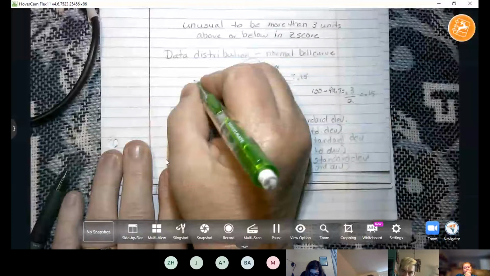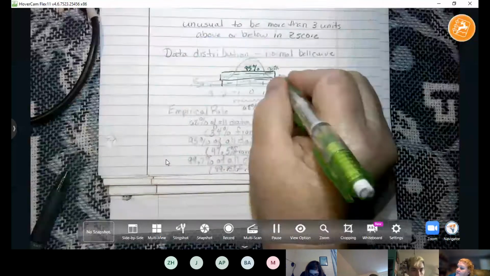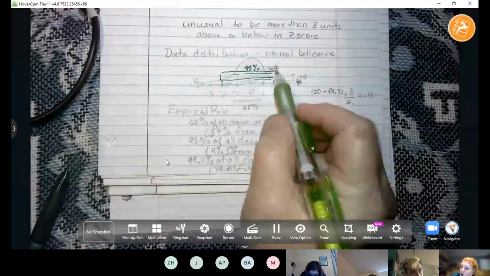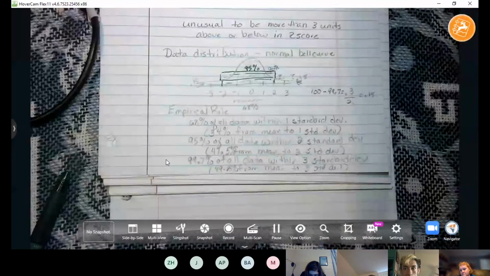That's not accounted for. How would you find this little part? Just like we found this part, we did the 34 plus the 47.5, and we would subtract it from the what?